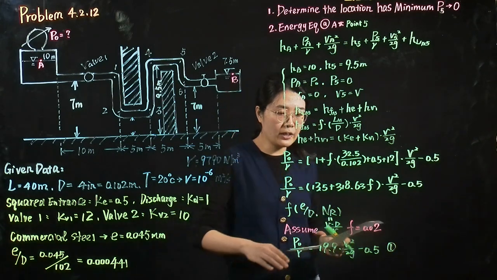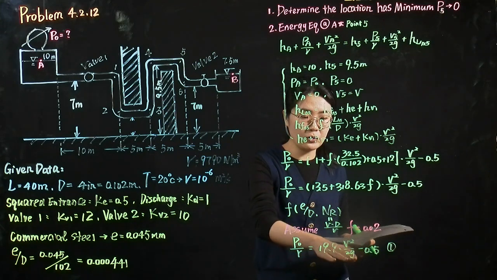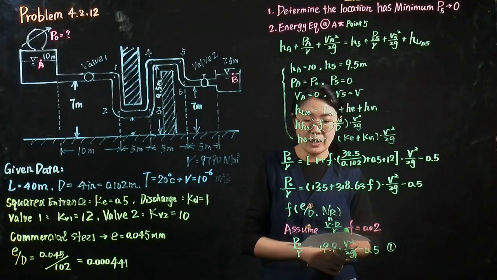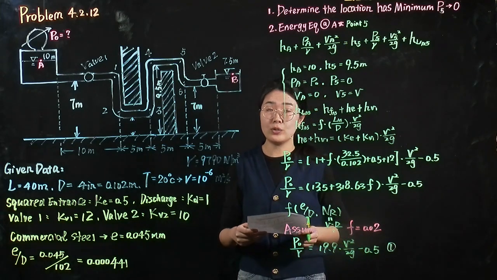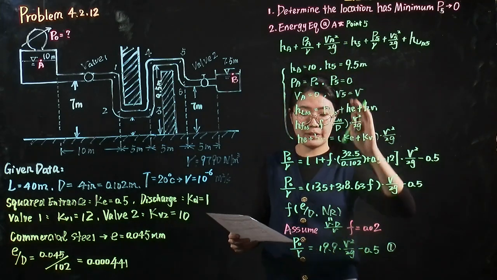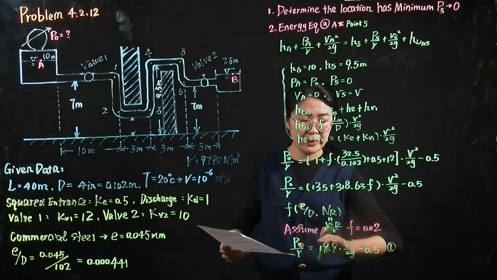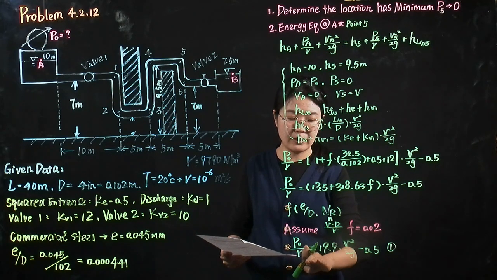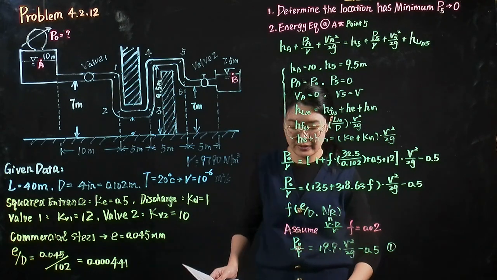Now we can see in equation 1 we still have two unknowns. Therefore, we need to pick another point to write down the energy equation. Then we can bring those equations together to solve the two unknowns.